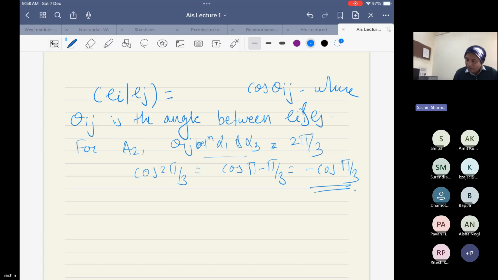So every angle will be an obtuse angle, and so you will be able to write cos theta ij is equal to minus cos of pi upon mij, where in the root system case the mij's are as in the table.